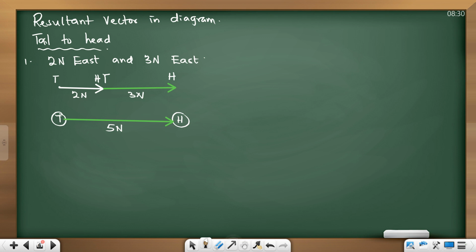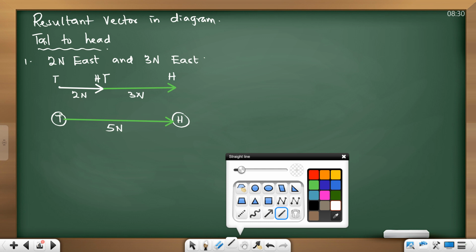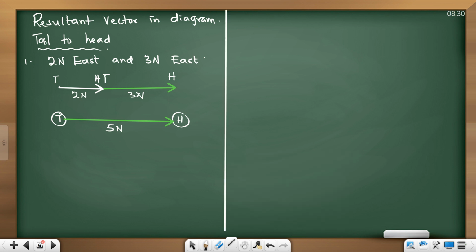All right. Just want to run quickly. I'm eager to get to the grade 11 part. Let's see something. If I have 2 newtons east and 3 newtons west.